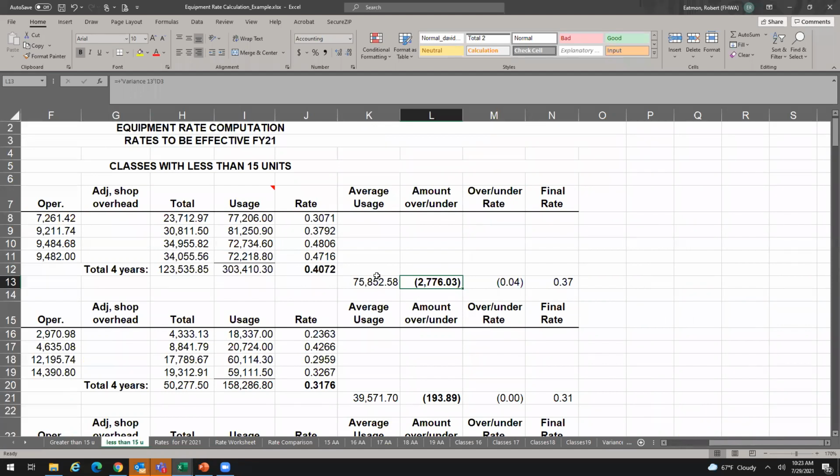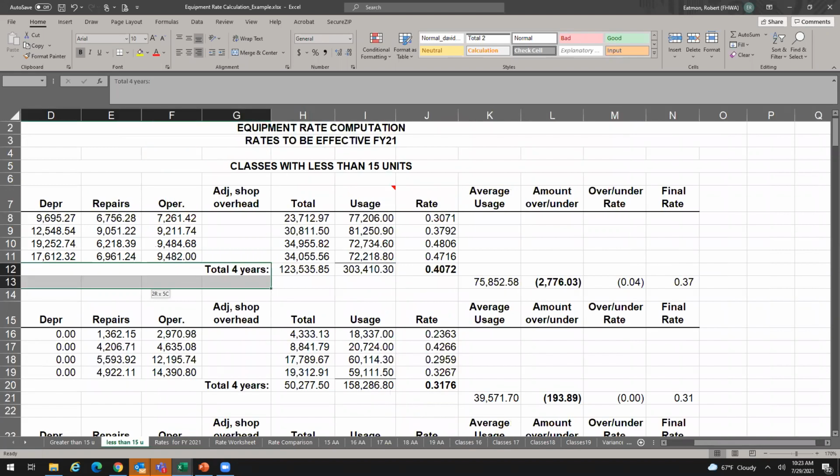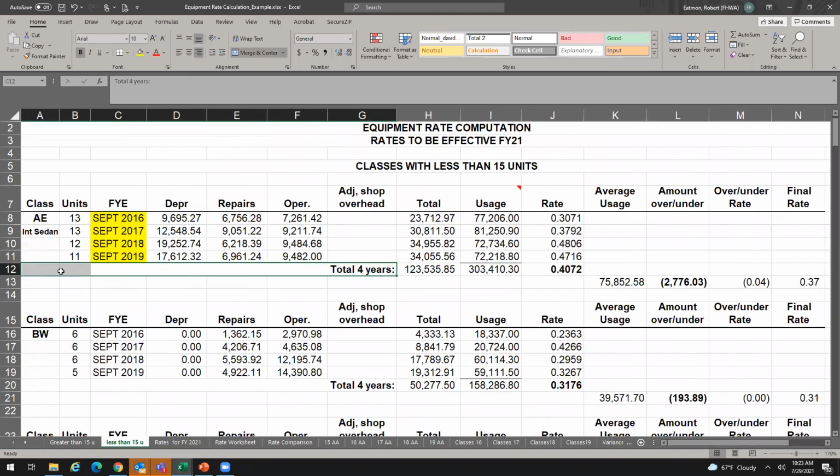And so we want to look at every year, what is our over-under adjustment? Did we overbill or underbill? And we need to carry forward that over amount or under amount into our next year, and it's going to adjust our rates. You can see on this one, they overbilled a little bit, and so it reduced their rate by 4 cents. So this is another allocation methodology to allocate equipment cost to projects.